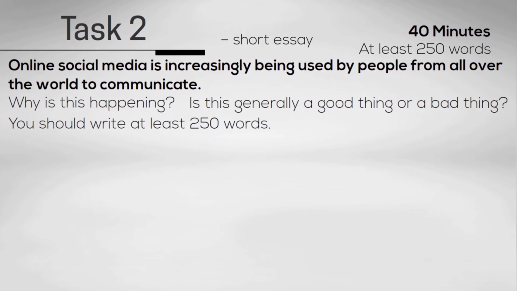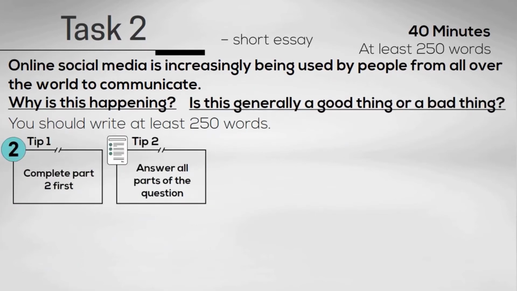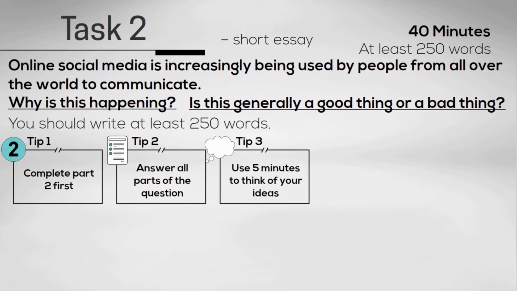First, how many parts are there in this question? As you can see, there are 2 parts. Tip number 2 is you must answer all parts of a question to get a good score for part 2. So first, think of your ideas. Out of 40 minutes, spend around 5 minutes doing this. That's tip number 3.